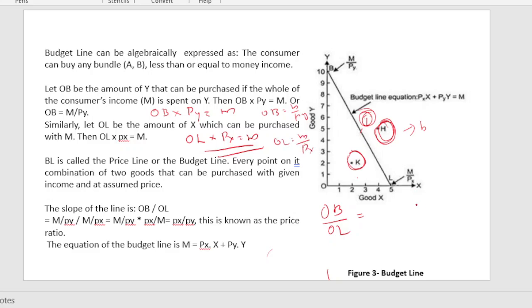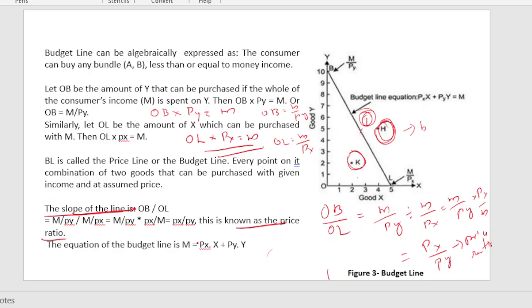So the slope is M by PY divided by M by PX, which is equal to M by PY into PX by M. Finally we get PX by PY, which is also known as the price ratio, and it is the slope of the budget line.